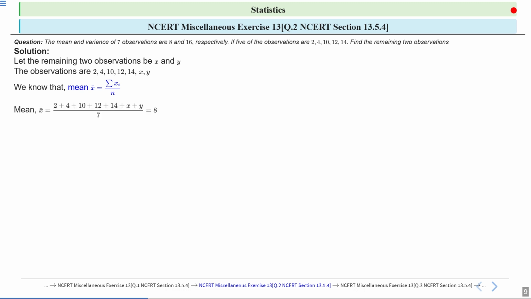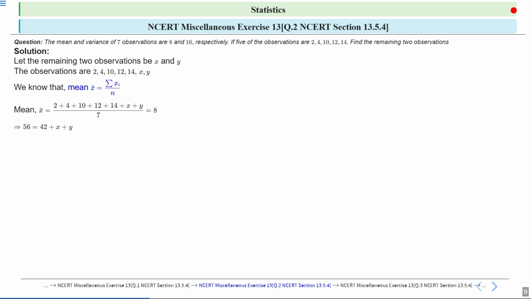So now let's substitute our values into the mean formula. So we get mean equal to (2 plus 4 plus 10 plus 12 plus 14 plus x plus y) divided by 7 equal to 8. We have been given that the mean of the 7 observations is 8. So this equation will help us relate x and y to the known values.